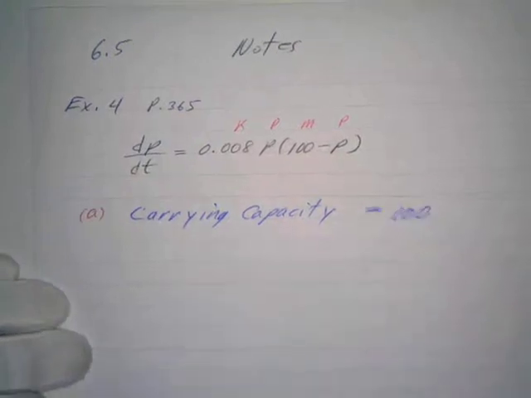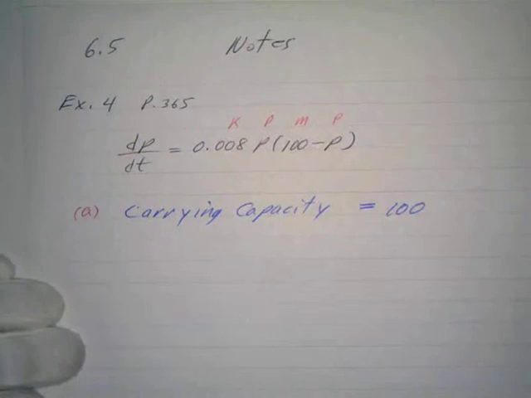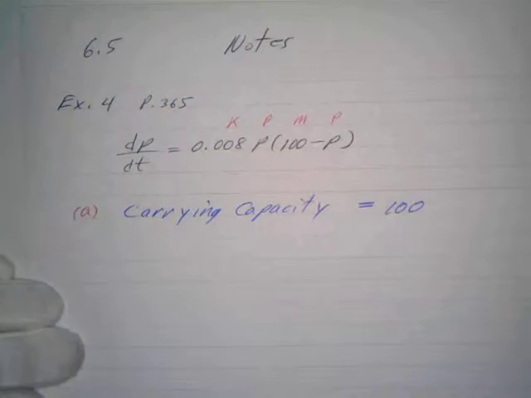That means when I start getting close to 100 bears, things start slowing down because I don't have enough food or habitat or resources to support more than 100 bears. If I put 100 bears on the island, I wouldn't get any more.